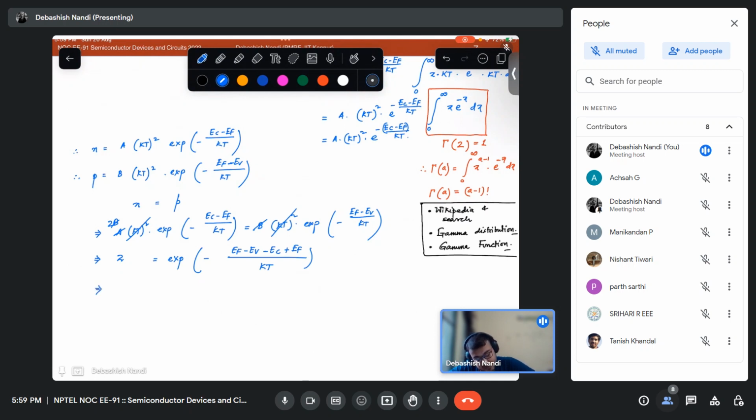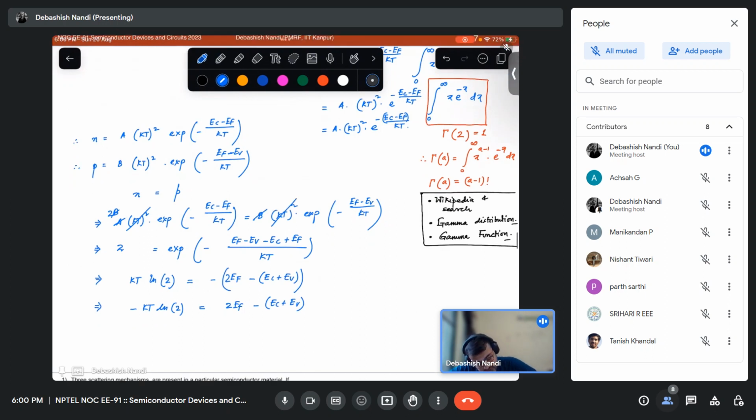So what will I have? I will have kT ln2 is equal to minus 2Ef minus Ec plus Ev. That means minus kT ln2 will be 2Ef minus Ec minus Ev.